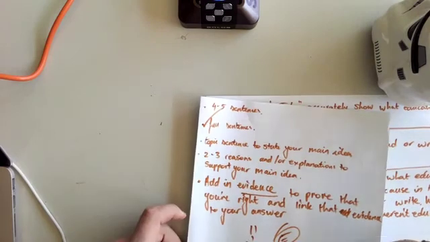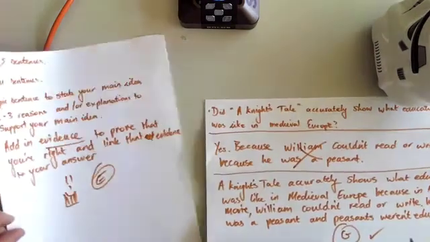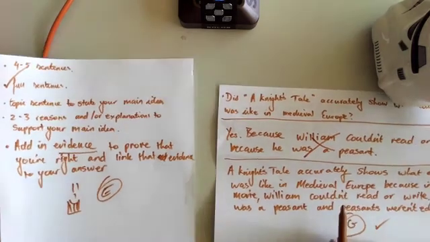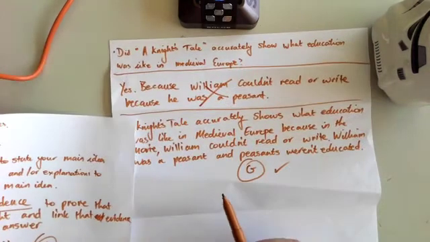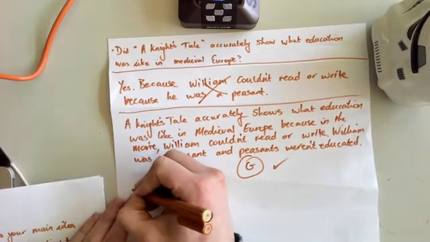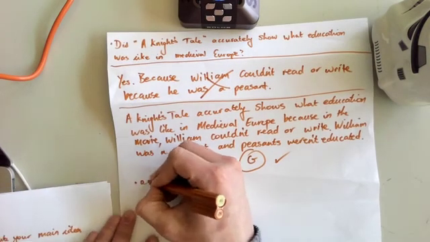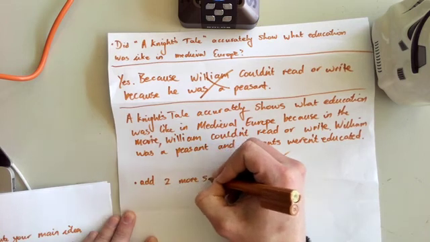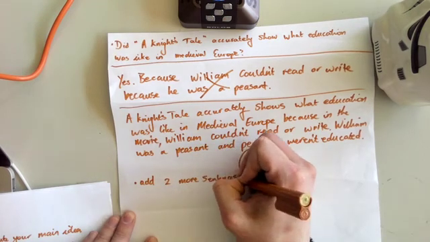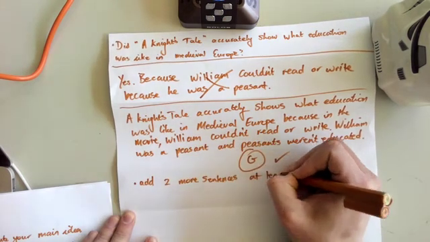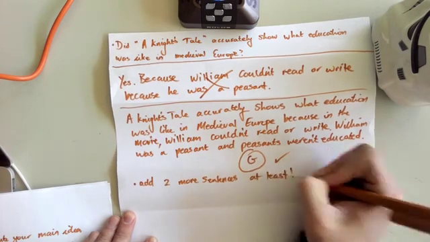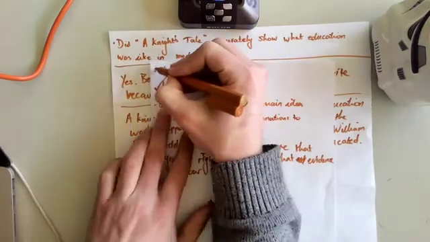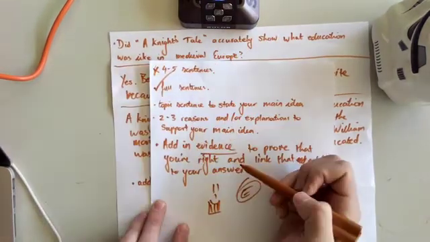Now, have I written 4 to 5 sentences? No, I've only written 2 sentences, so I can build on my answer more. So to go up, I need to add 2 more sentences, at least. Let's put a cross next to that because I haven't done that.